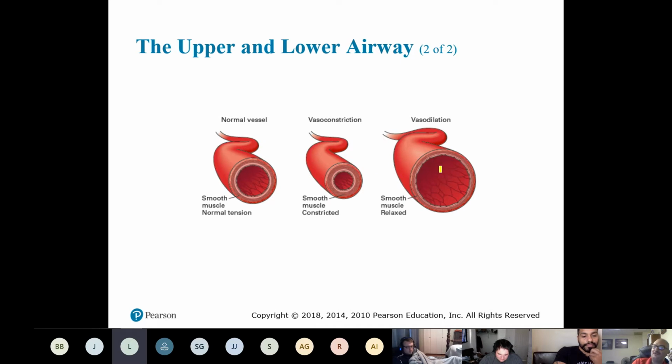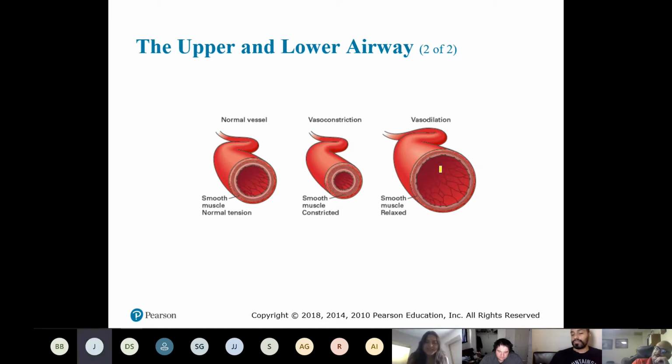All right. And because we need oxygen for that energy, do you think you might need a little bit more oxygen than normal than what you're getting right now? Yes, right? So guess what's going to happen? What's going to happen to your bronchioles right now if you need to get more oxygen into your body? Did you see my screen?